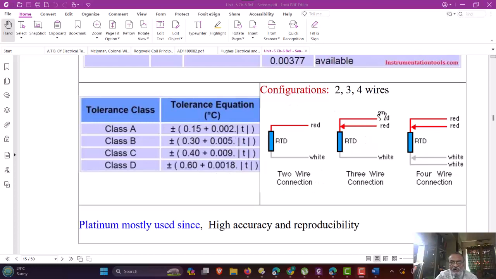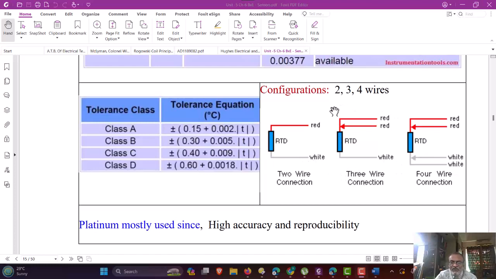The various configurations for RTDs are shown here. RTD is a simple resistive element made from the specific material. So it has two wires for connection. So two wire RTD consists of two wires only, and this RTD is normally subjected to the point where the temperature is to be measured.